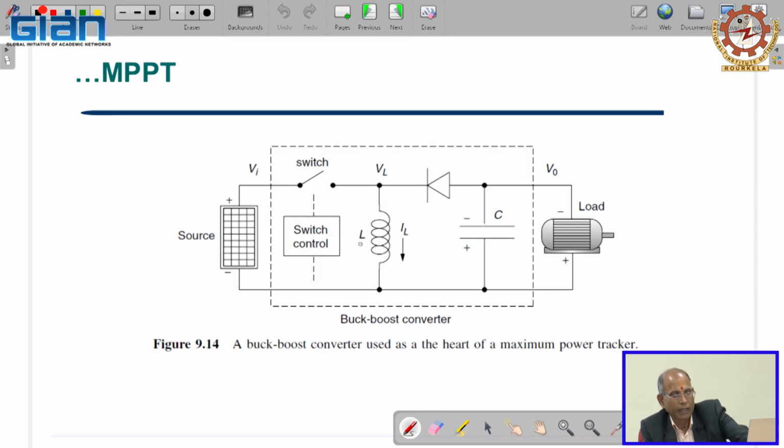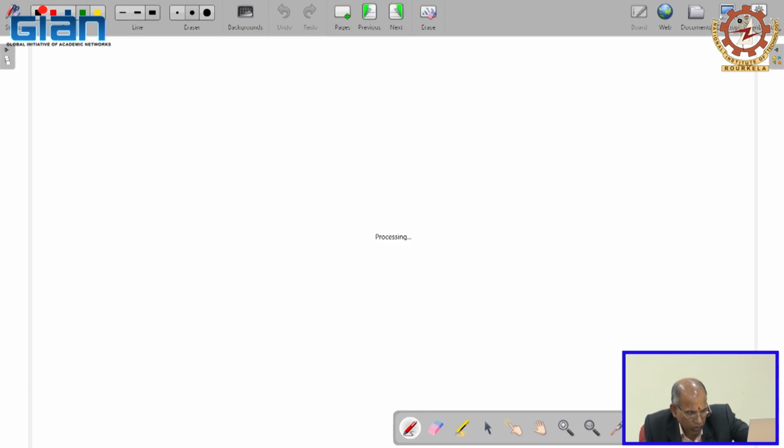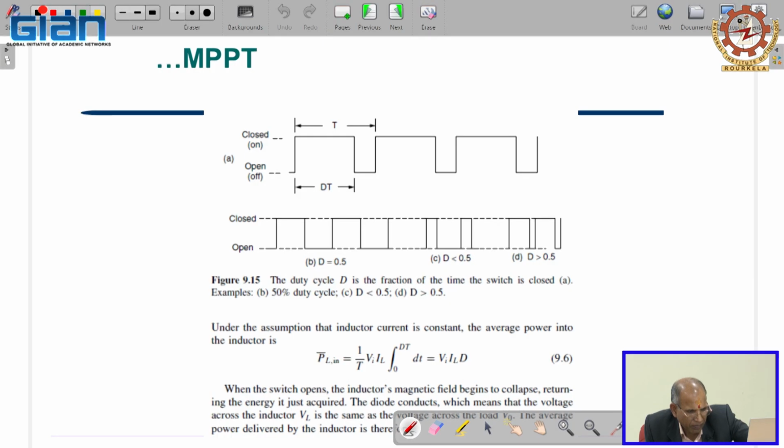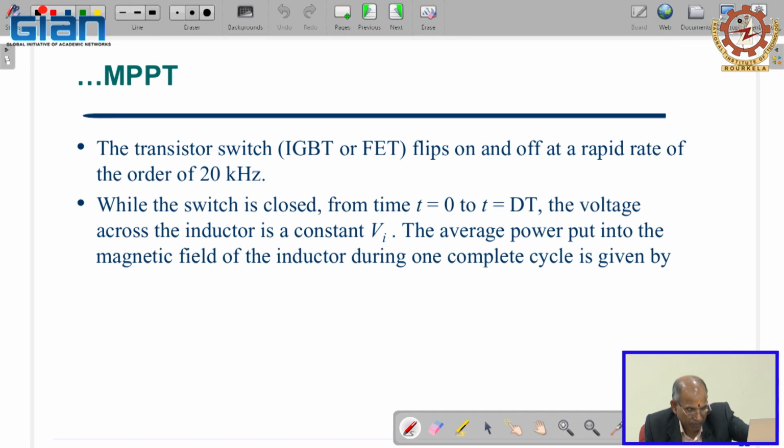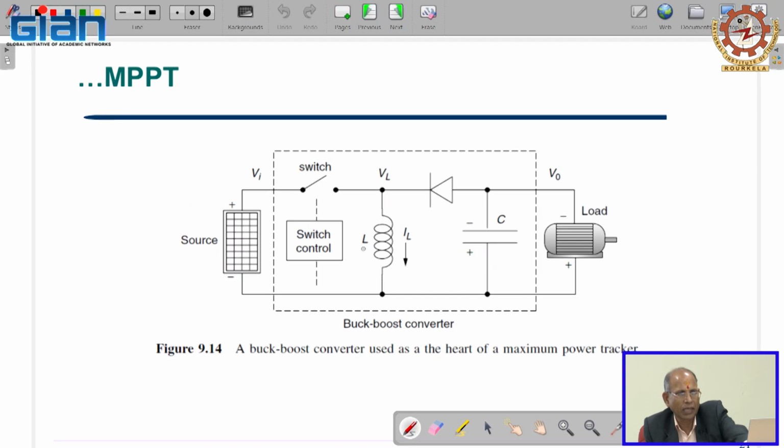So this boost converter is called the MPPT. The switch we mentioned in this circuit is not the simple switch we use in our electrical systems.